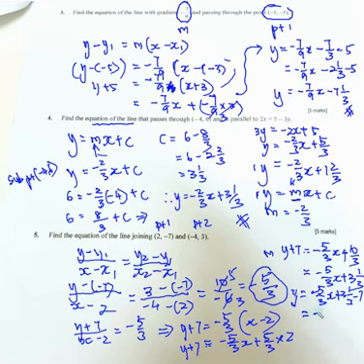So it becomes minus 5 over 3x, and if you combine these two, you end up with minus 3 and 2/3. This becomes the equation of the line that passes through these 2 points. That's it, quite straightforward.